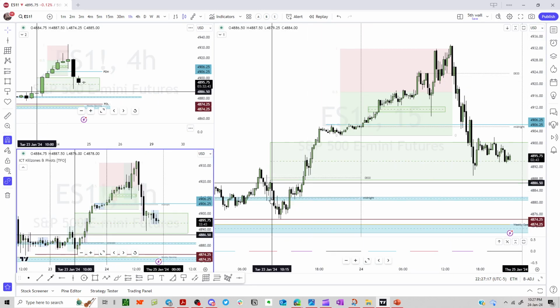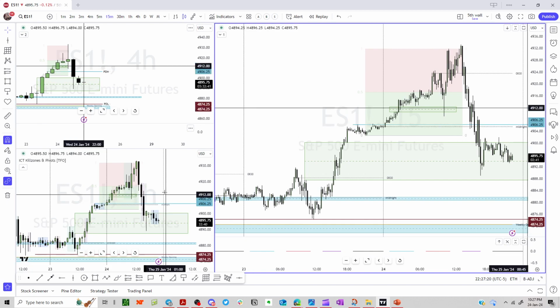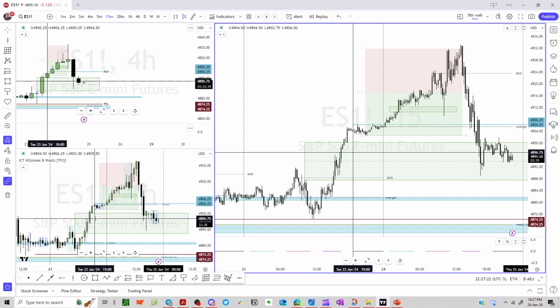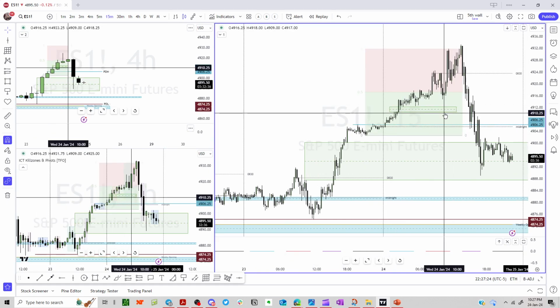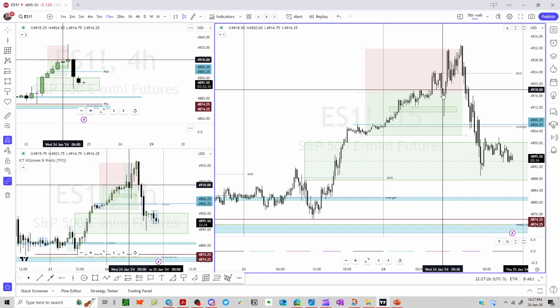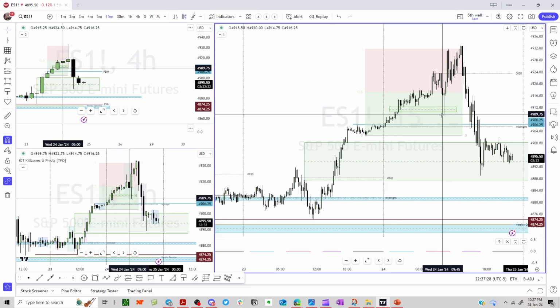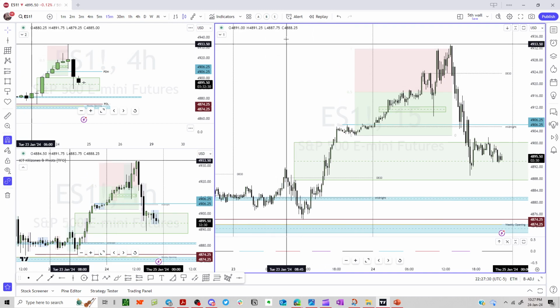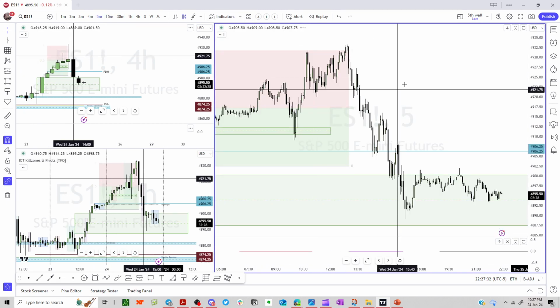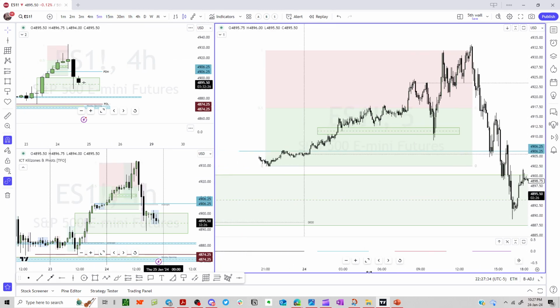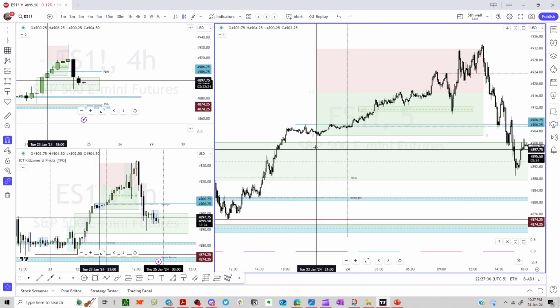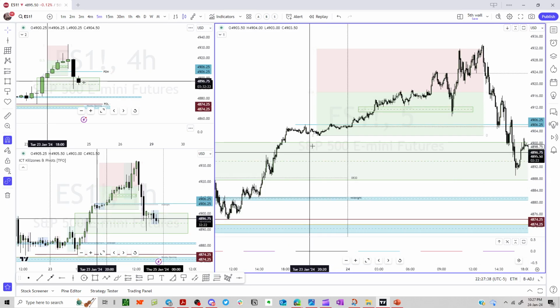All right. And that would be your entry at 10 o'clock. Stab down and probably get a better ratio, risk to reward on a lower time frame.